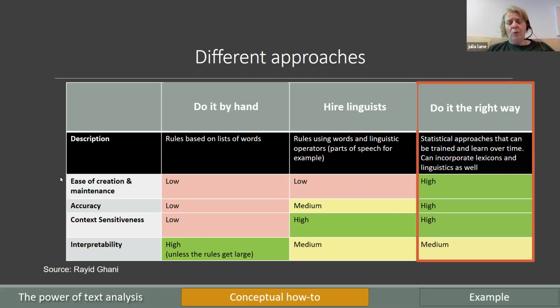So you could do that by hand. You could have a list of words, and you'd say, if I see that word, it's going to go into that bucket. Or you could hire linguists, so people who are highly skilled in trying to figure out how to organize language. Or you can develop statistical approaches.